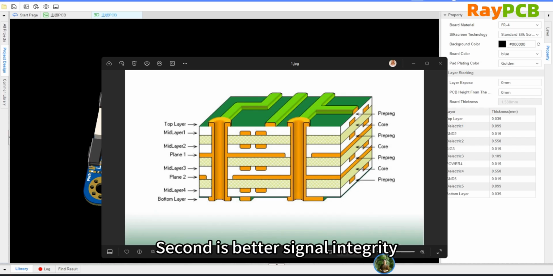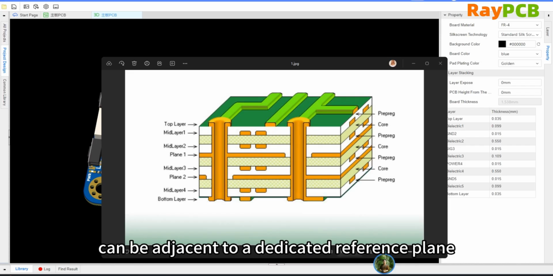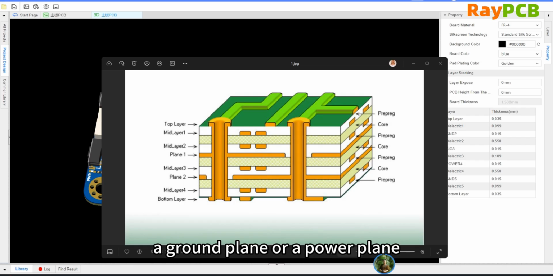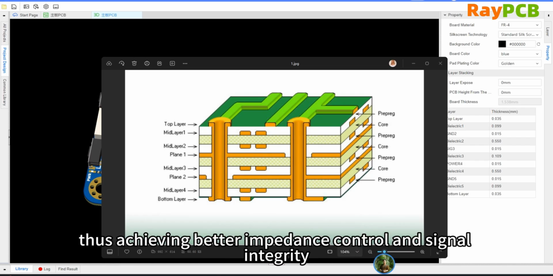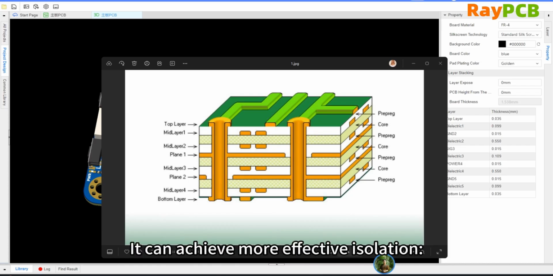The second point to consider is that it is able to offer considerably better signal integrity as a direct result of providing a greater number of reference planes. A 6-layer board can usually be designed so that most, or even all signal layers are adjacent to a dedicated reference plane, such as a power plane or ground plane. This allows for better controlled signal integrity and reduces the main causes of reflection.